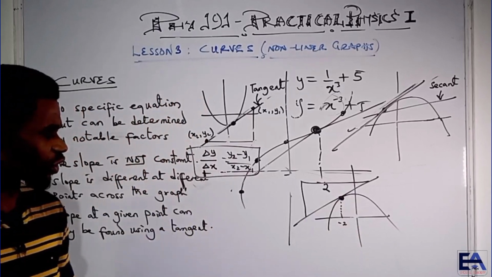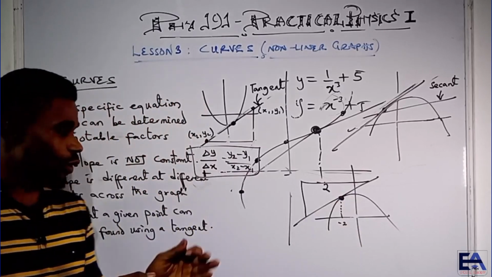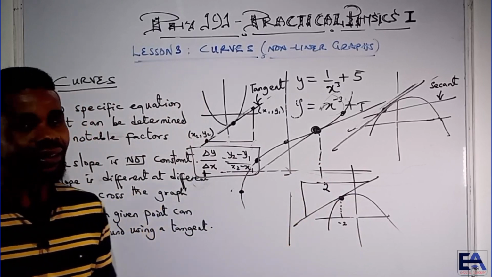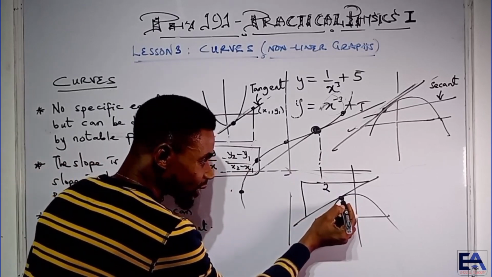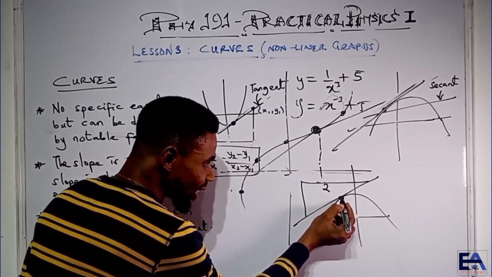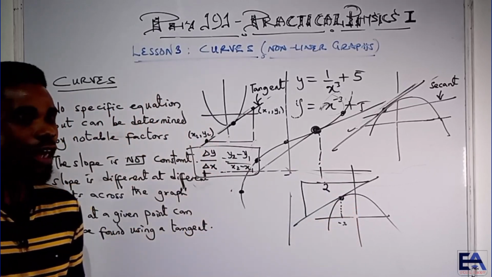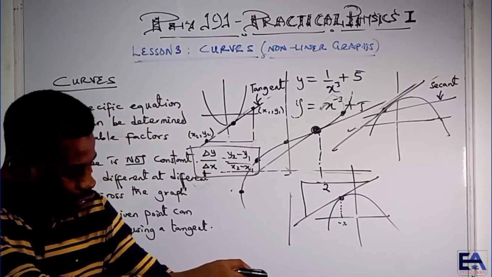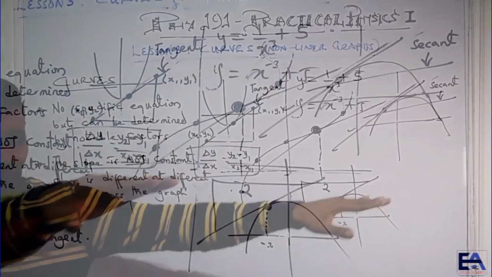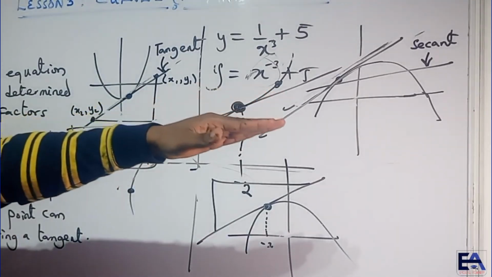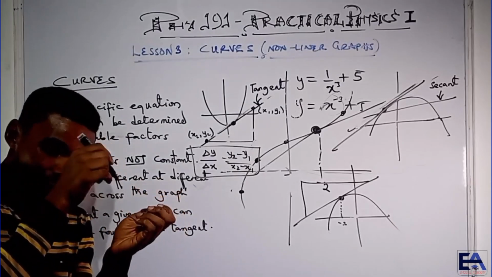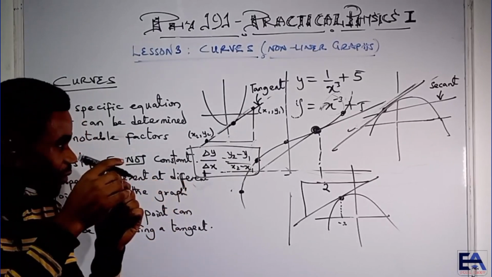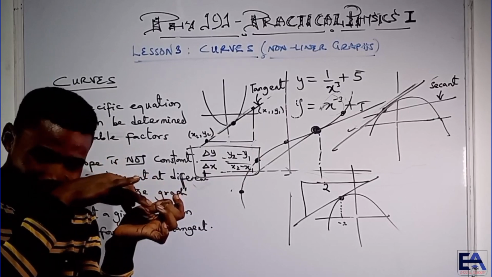So the ideology is just that. The question you'll be asking me is, why must we draw a tangent? Well, a tangent is just like a magnifier. As small as this point is, we can form a straight line at that point. So the tangent is just as if you extended the point in a sharp way. It is as if you used a microscope to check it, that even despite it being a point, there's still a straight line across an interval around that point.